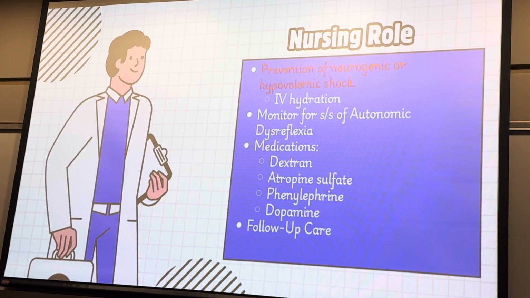Initially, we may have a higher heart rate to compensate, but on the tail end, we'll have symptomatic bradycardia as well. Fluctuations in temperature, not able to maintain my temperature, so I might have a super high temp. I might also have a super low temp as well. So those types of things.